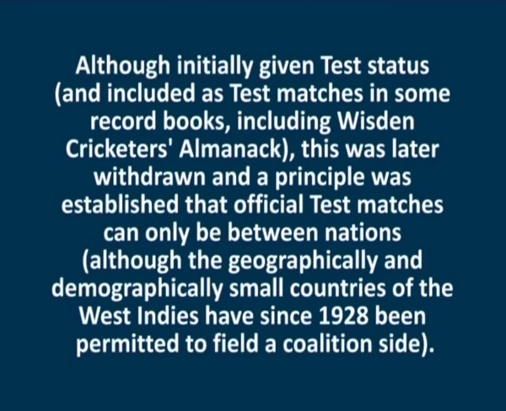Although initially given Test status and included as Test matches in some record books, including Wisden Cricketers' Almanack, this was later withdrawn and a principle was established that official Test matches can only be between nations. Although the geographically and demographically small countries of the West Indies have since 1928 been permitted to field a coalition side.